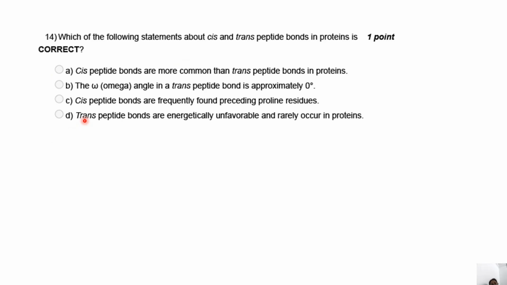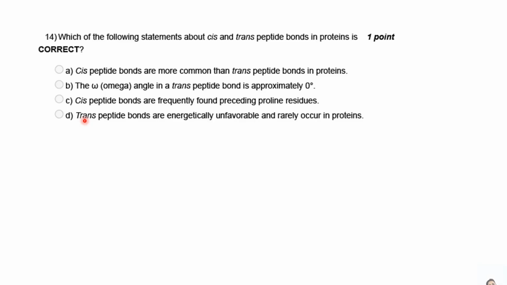Which of the following statements about cis and trans peptide bonds in proteins is correct? Okay, I'll repeat the question for you. Which of the following statements about cis and trans peptide bonds in proteins is correct?